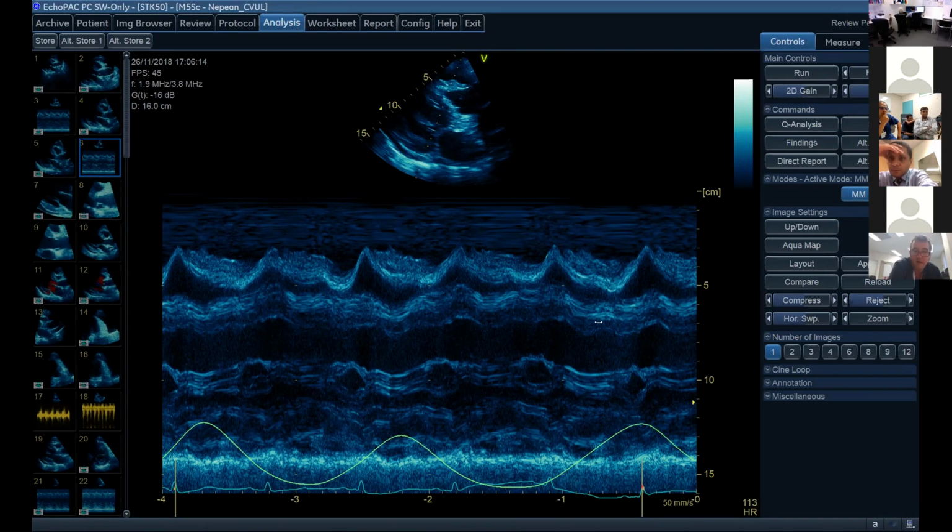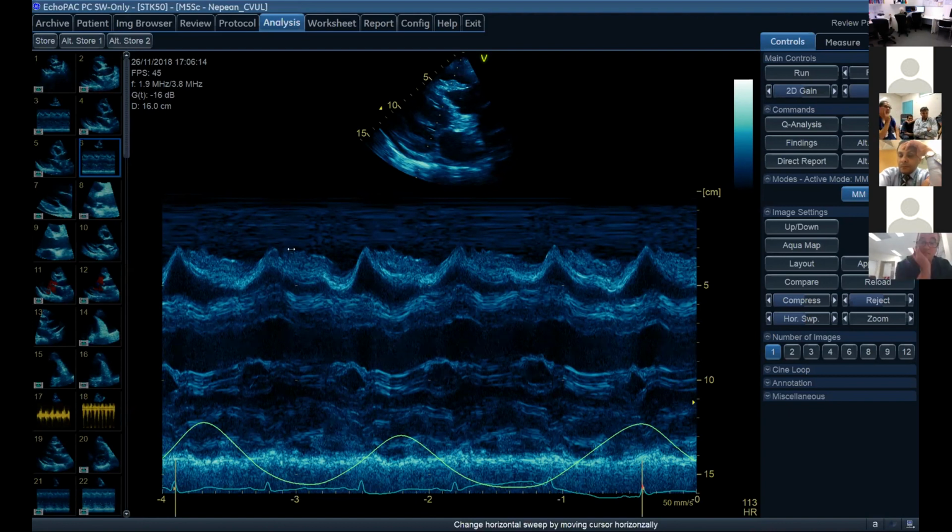Particularly during inspiration, as Danielle was saying, you get a decrease in mitral inflow and an increase in RV inflow, and hence the septum gets pushed over to the left during inspiration. That's what this image is telling you.